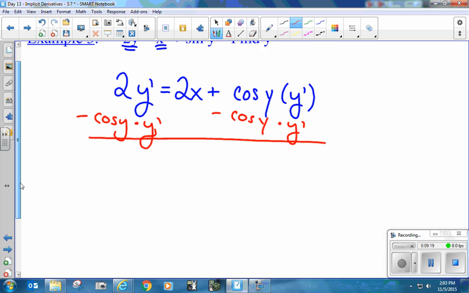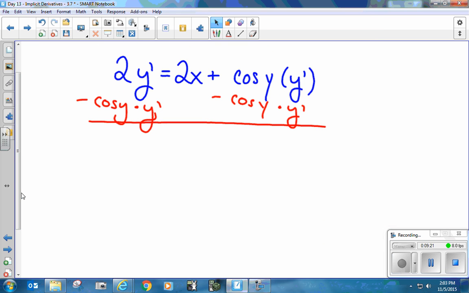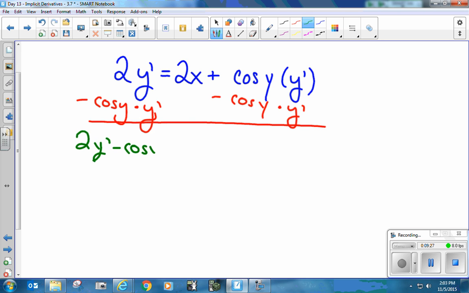We have 2y prime minus the cosine of y times y prime equals 2x.